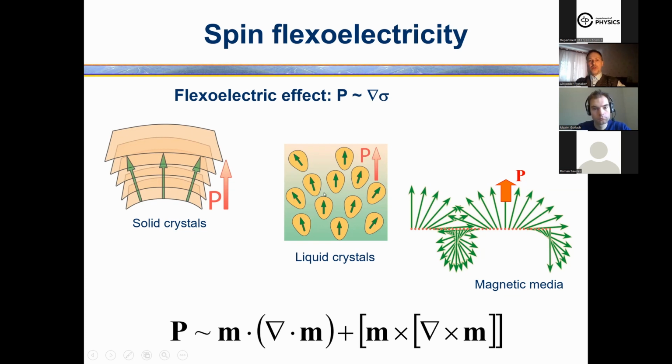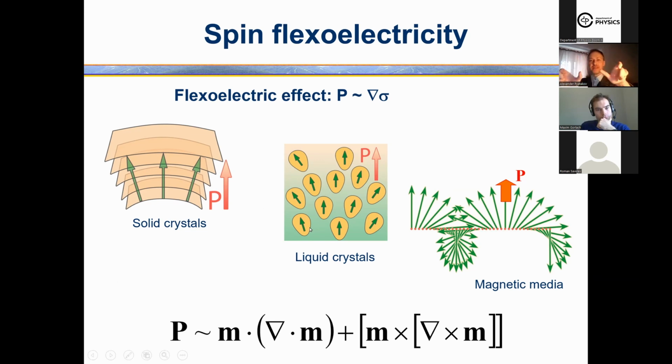No matter what is the nature of this vector that is bent, the field of this vector is bent. It can be antiferromagnetic, can be director, pseudo vector, and so on. So the idea is the same.